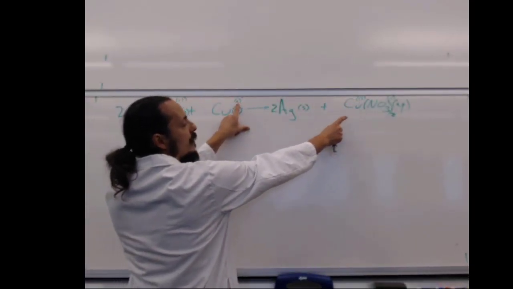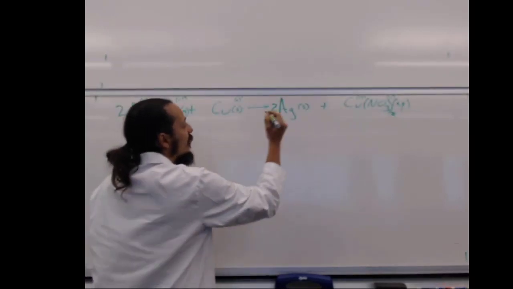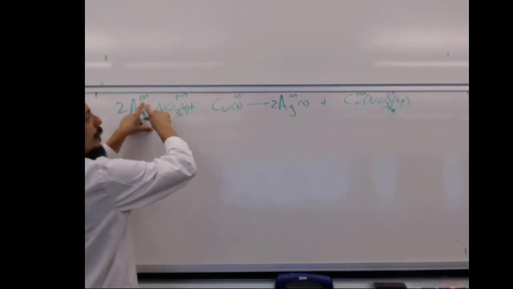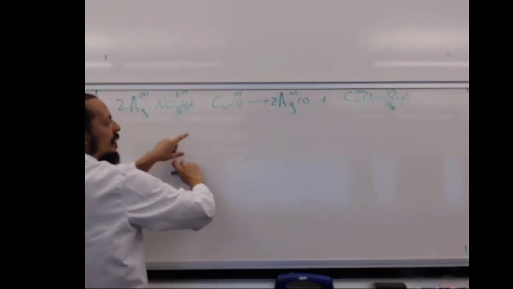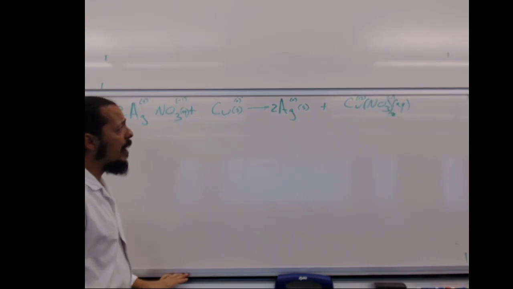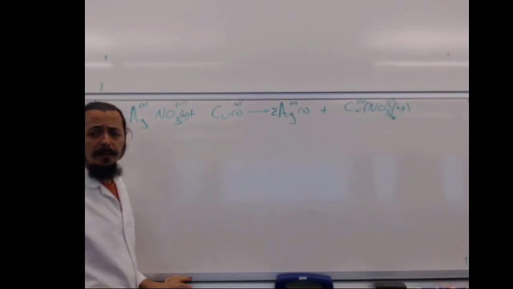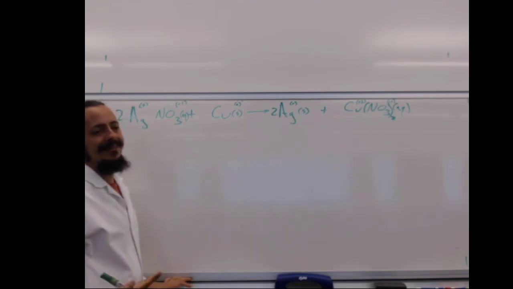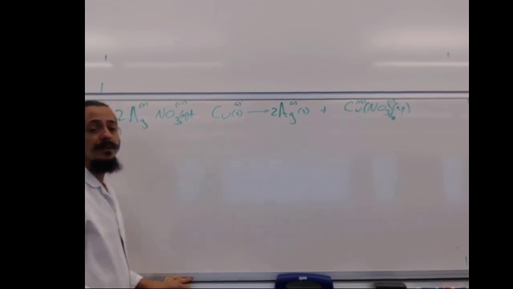Right? Copper goes from 0 to +2, and silver is going from +1 to 0. Right? Silver is gaining an electron, copper is losing electrons. So that means a good tell is whenever you've got a pure compound. Pure compounds with zero charge, we wouldn't write those there unless their charge changes.